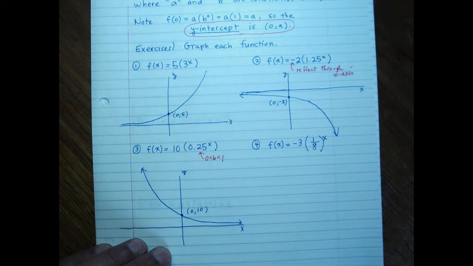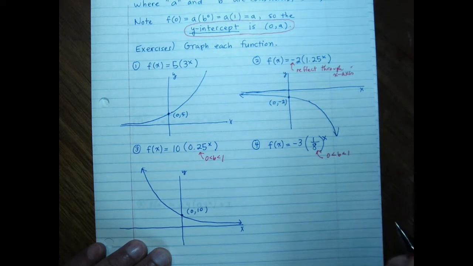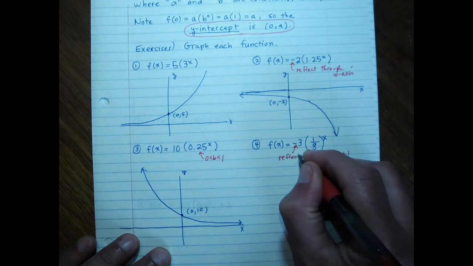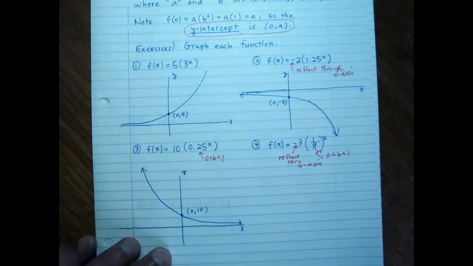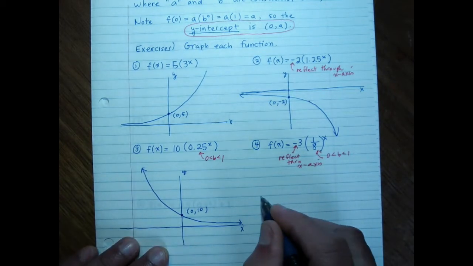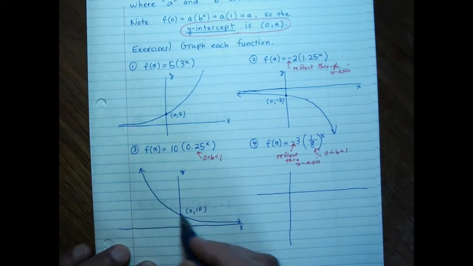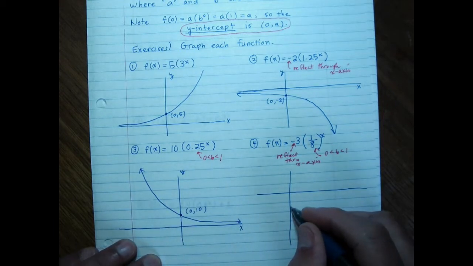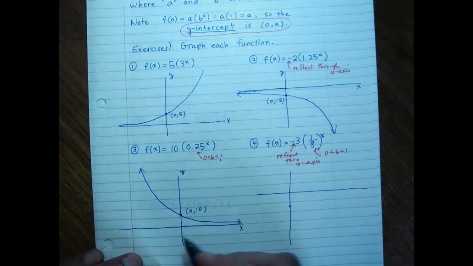And we have another base here that's less than 1, between 0 and 1. And we also have a situation in number 4 where we have to reflect through the x-axis. So I'm going to take the shape that we see in 3, and I'm going to reflect through the x-axis. So my y-intercept is actually going to be on the negative portion of the y-axis.